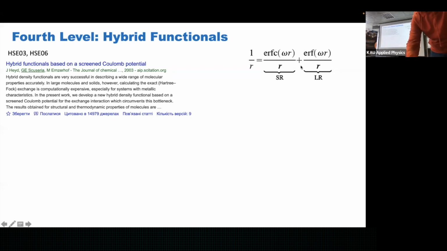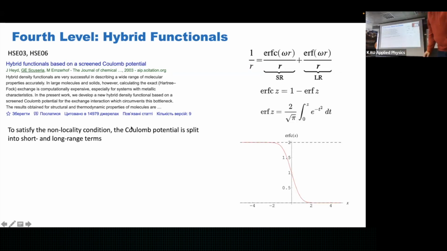So they split the outcome, and what are the functions? So this is the function erfc(ωr). It looks like this, and minus, you can try to imagine it, minus this.